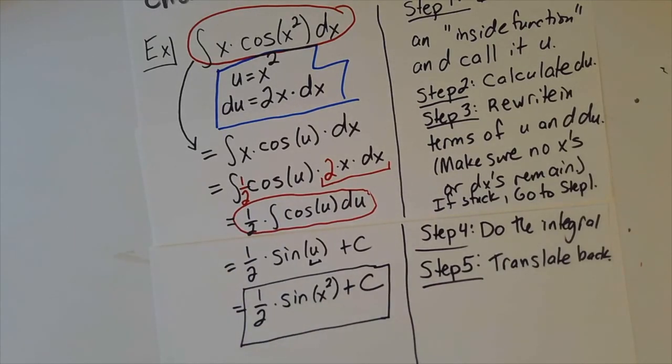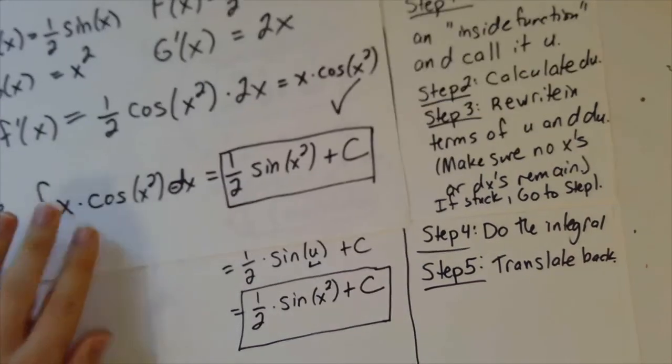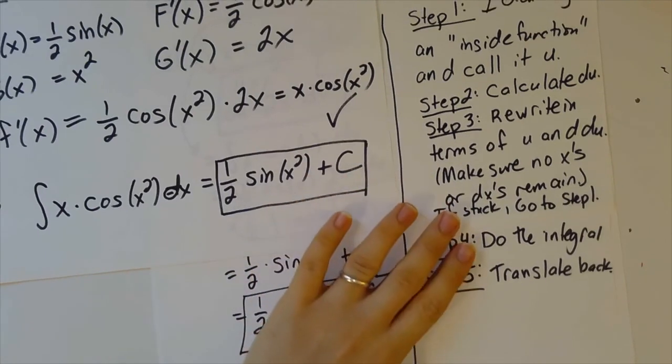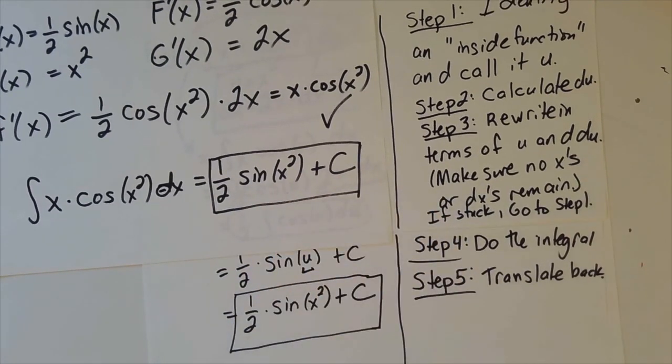So you'll notice, by the way, and this should not be lost on you, that's the same answer we got when we did this with guess and check earlier, but this is more systematic. So at the end of the day, I said u-substitution is a method for integration, but really u-substitution is nothing more than a systematic way to do guess and check.